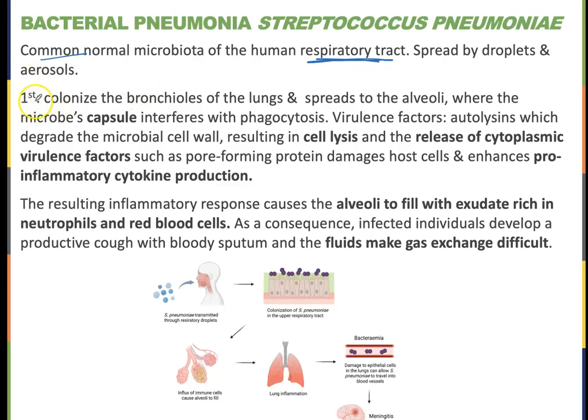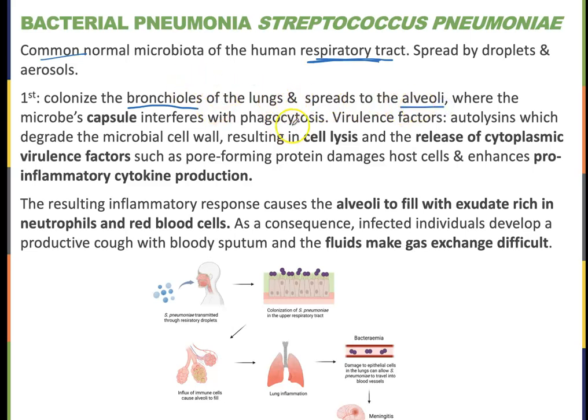First, the bacteria will move from the upper respiratory tract. Remember, the upper respiratory tract is where we have our normal flora, and the lower respiratory tract is relatively sterile. First we get down into the large airways, the bronchi, then the bronchioles, which are the smaller airways, and then those lead to the alveoli.